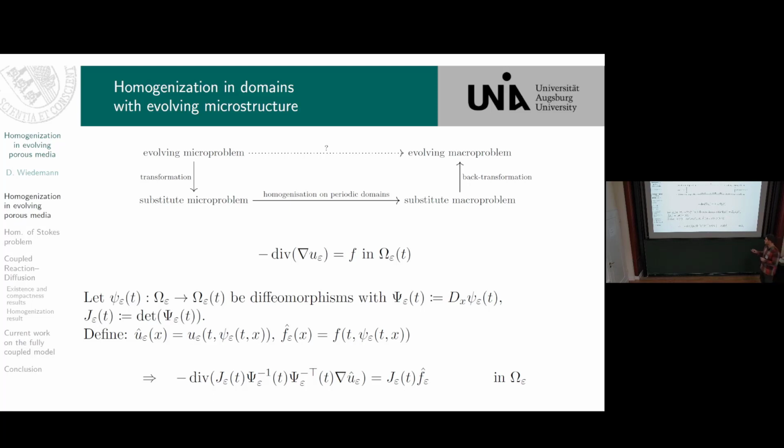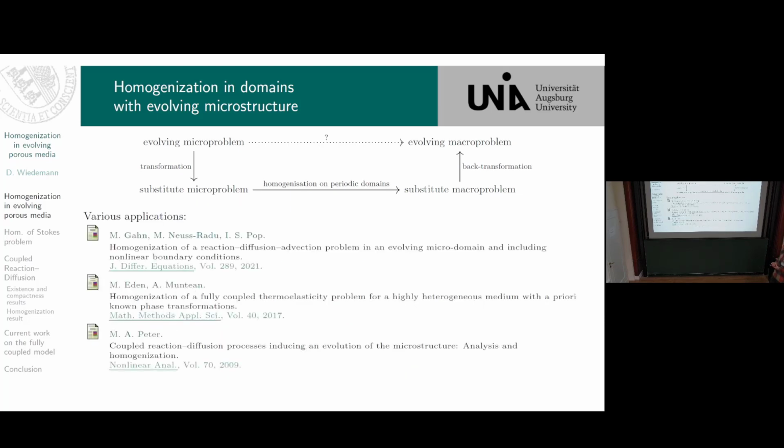And so we see here basically that we have to control the two-scale convergence of this additional term here in order to pass to the limit. And if this can be controlled, then the homogenization can be done. And in this setting, also for some reaction diffusion problem, this has been done, or also for elasticity problems.